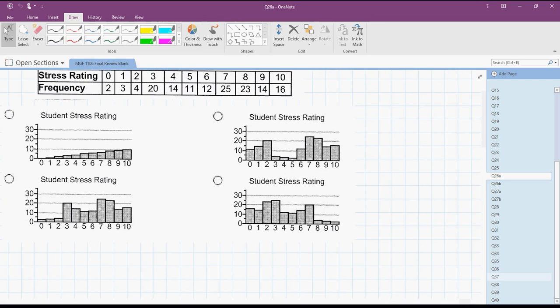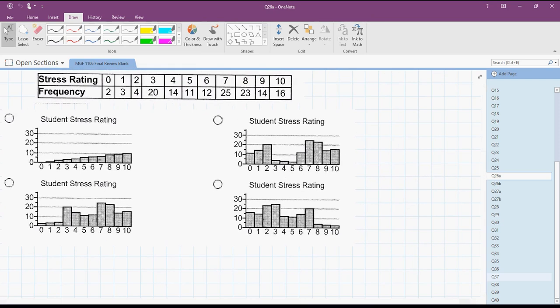So just start looking at some of those key points. Obviously it's not going to be the first graph because the frequency table says 0 is at 2, and if I look at my first graph at 0, there's no bar. Can't be, so this one's out. It can't be the second graph at the top right because 0 is all the way up at like 10 or 11. That doesn't make any sense.